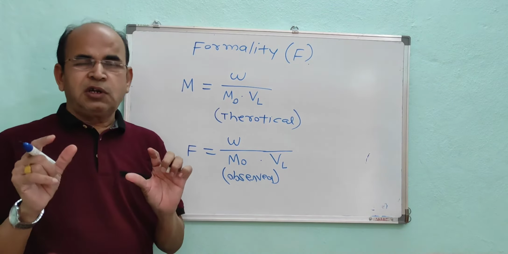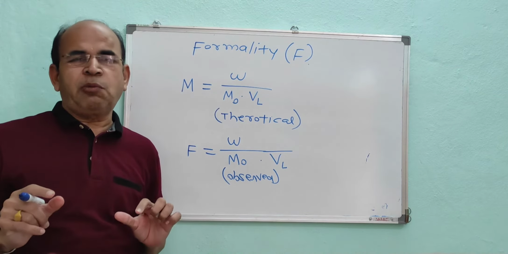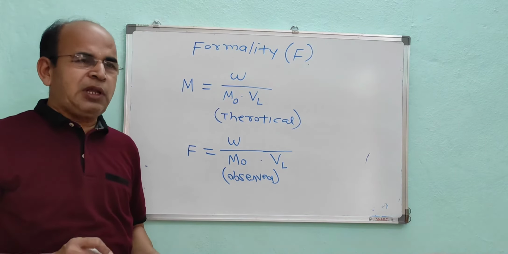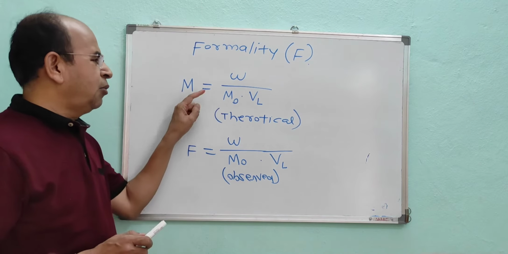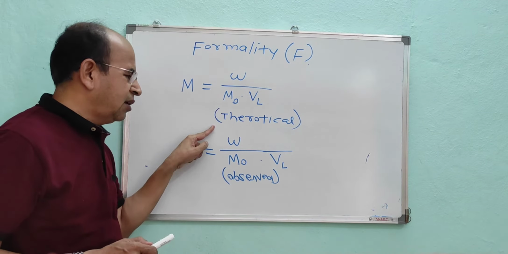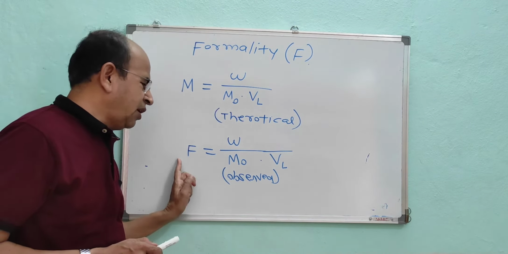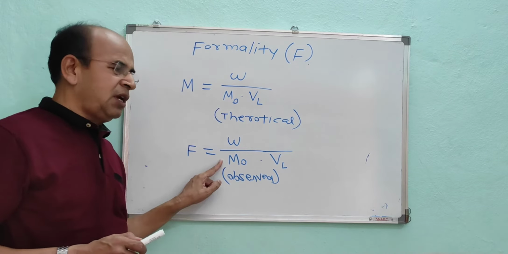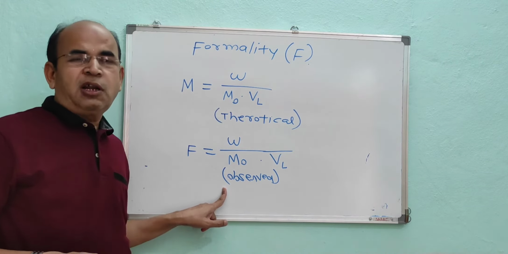See, the only difference between molarity and formality is that in case of molarity, the molar mass is theoretical, and in case of formality, the molar mass of solute is observed or actual.